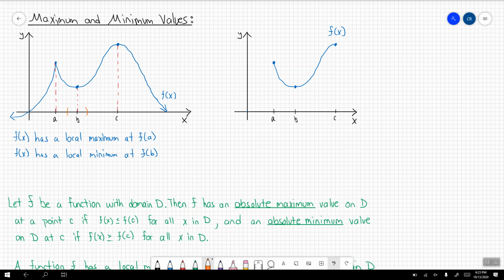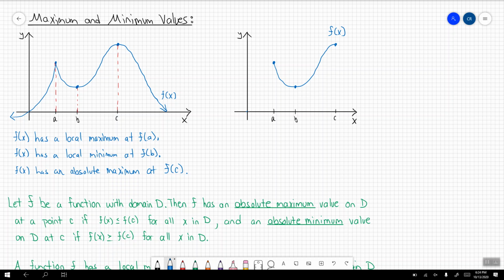And then we're going to look at the last one for that given function on the left-hand side of your screen. We're going to be looking at the very last function output that we can have here. And we're going to say f of x in this particular case has an absolute maximum at f of c. Now, why is this different? Well, first off, f of c is still producing a local maximum.